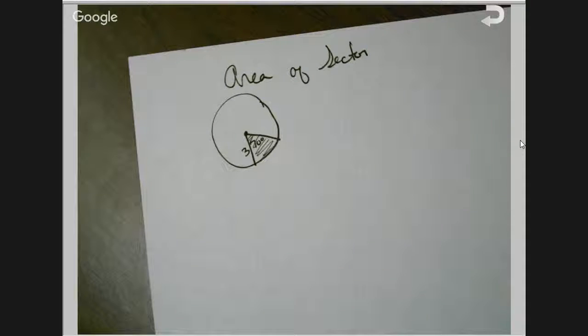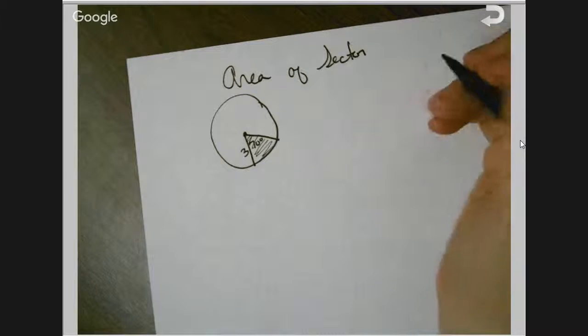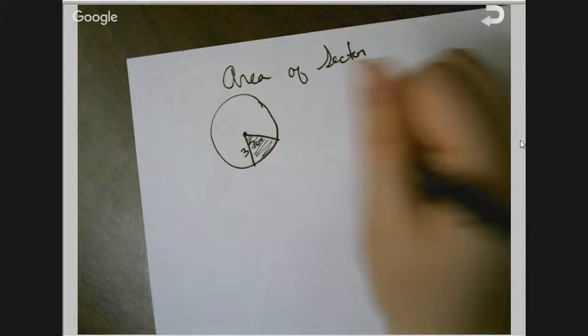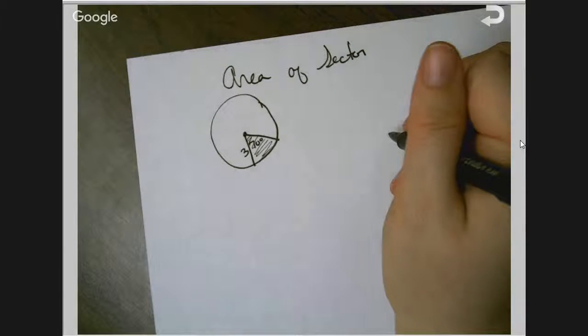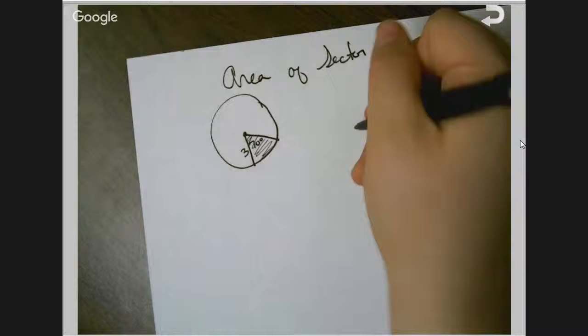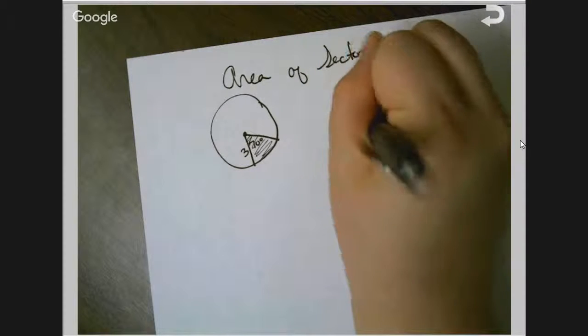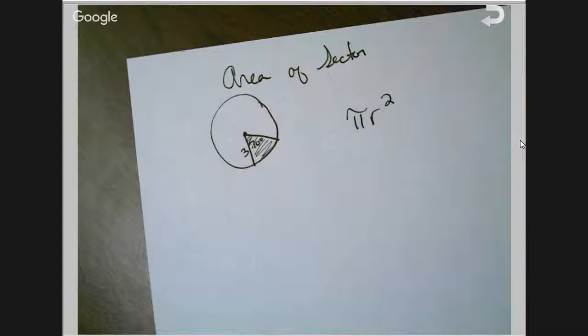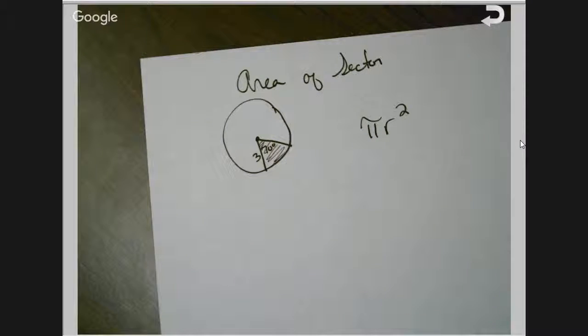Okay, we're good. So now what formula am I going to use as my starting formula? Yeah, it's pi r squared for area. So we go pi r squared. And then you're still using that concept of what proportion of that circle it is.